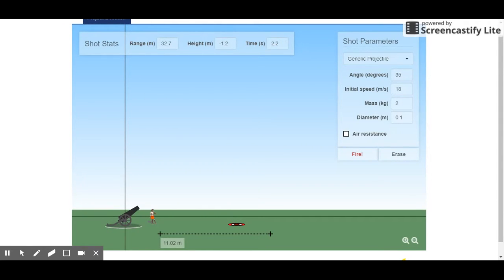So this is a pretty cool application that I found that will be available on the class website, where you can start to see the relationship between the angle and its parabolic arc and the speed and its parabolic arc. So here let's start by launching our cannonball at 45 degrees with an initial speed of 18 meters per second.